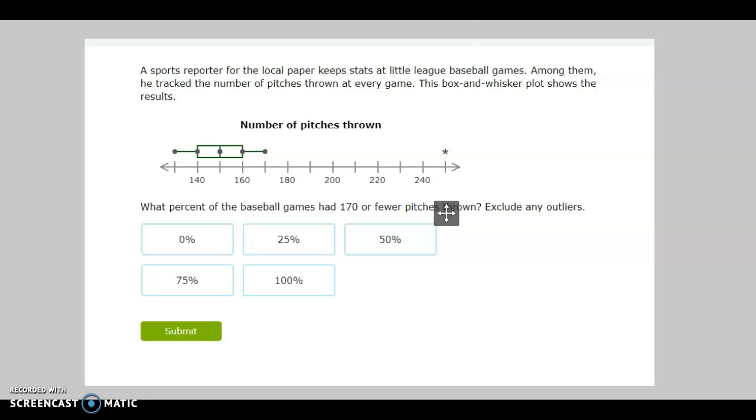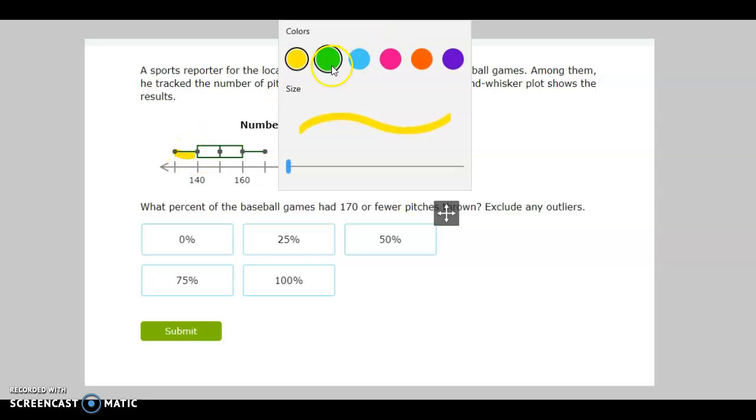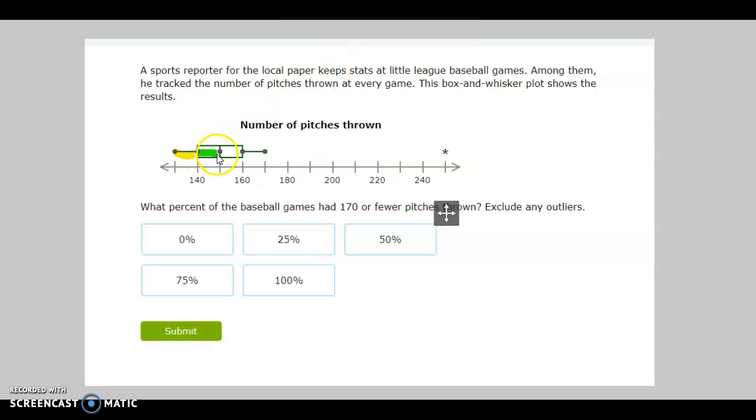Again, we're dealing with percentages here. So each piece of my line is 25%. So from here to here is 25%. There's my next 25%. My next 25%. And my last 25%. So it says, what percent of the baseball games had 170 or fewer pitches thrown?